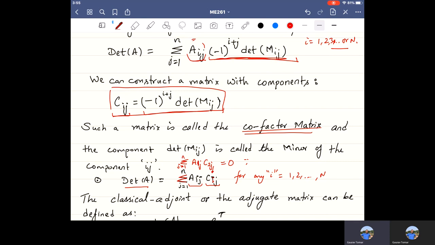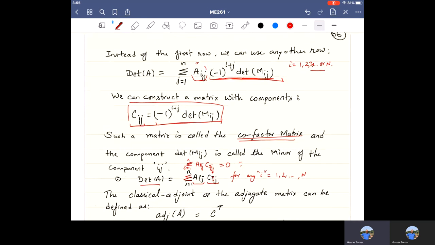When you're multiplying with the c2j's, the terms you've obtained correspond to a different row, and you would have substituted a row which you have already included in the calculation of these determinants of the submatrices, correct? So therefore this product will go to 0.